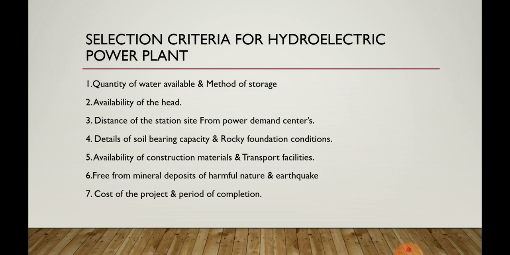The next is the detail of soil bearing capacity and rocky foundation conditions. The next is the availability of construction material and transport facilities. The next is that the site is free from mineral deposits of harmful nature and earthquakes. And the last one is the cost of the project and the period of completion.